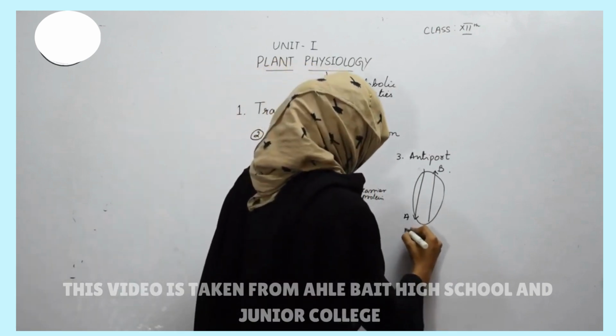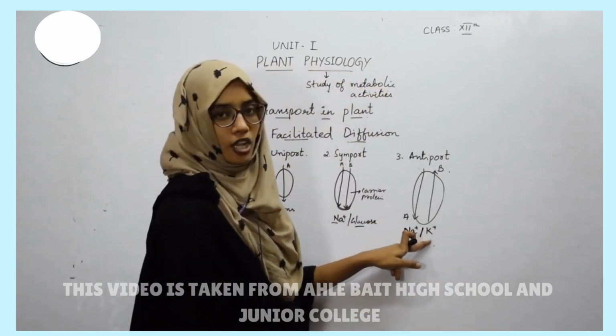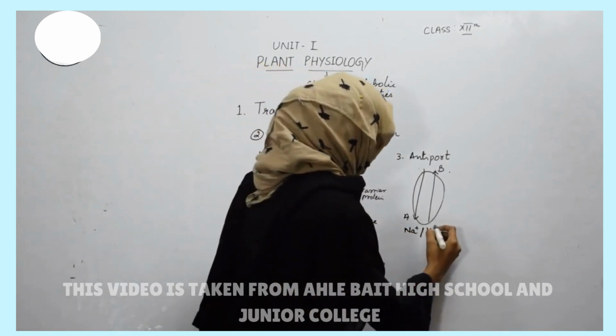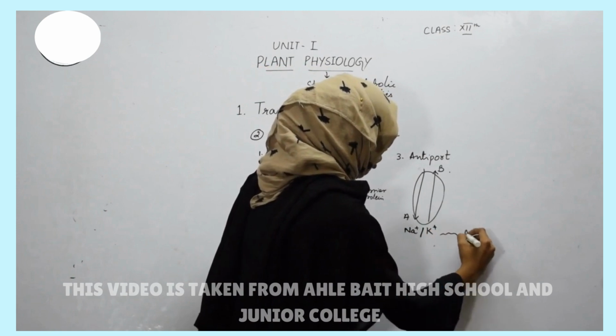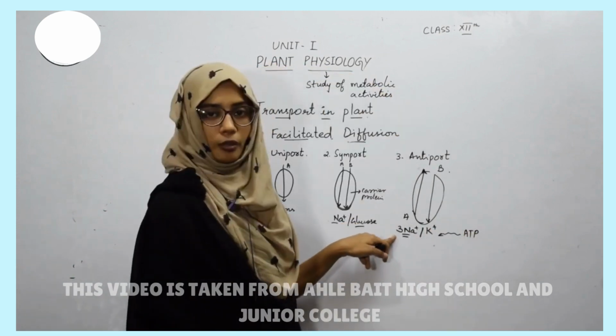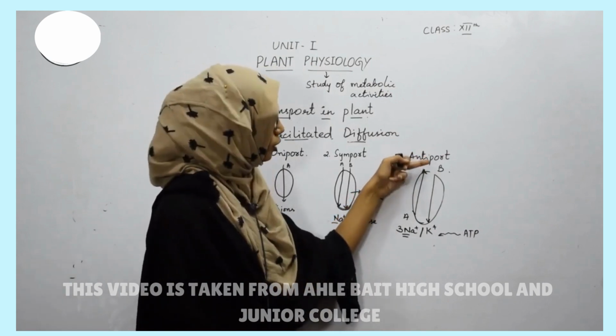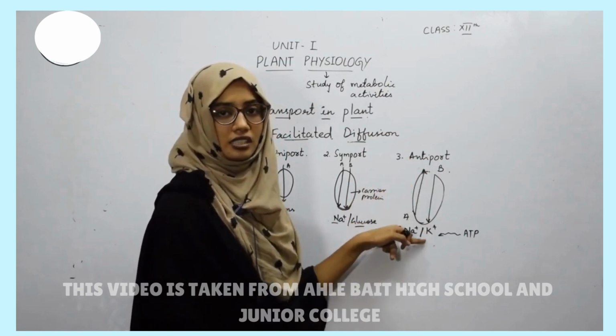And under antiport, we can take the examples of sodium ions and potassium ions. Here it uses one molecule of ATP, and it shows that three sodium ions are moving outside, resulting in the movement of the potassium ions inside the cell.